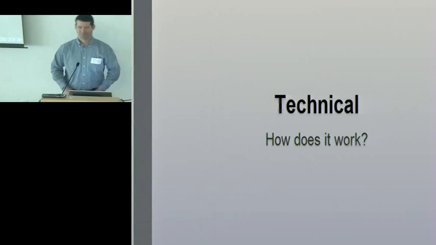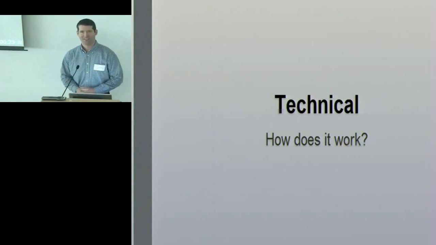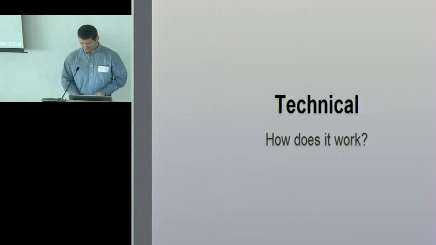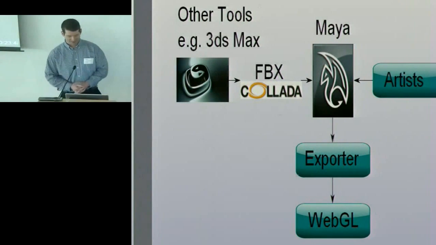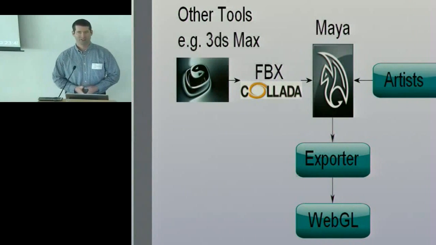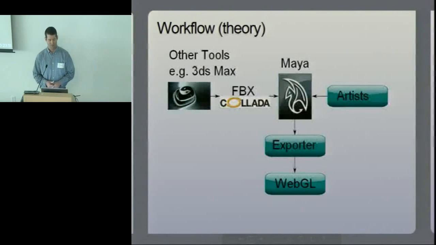So now the question: how does it work? The workflow overview is that it goes directly from Maya into WebGL. Other approaches are reading FBX or Collada, but in my workflow these are only used to transfer between other tools and not to the engine.